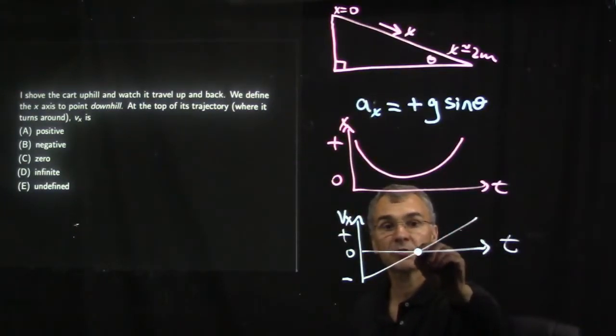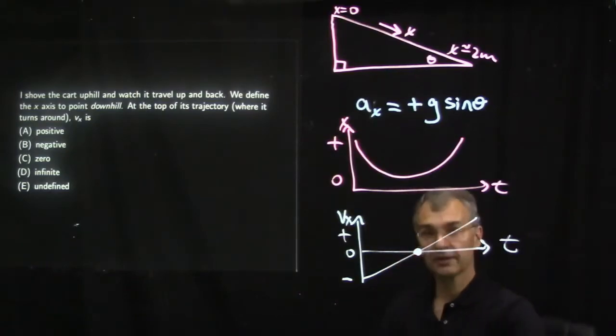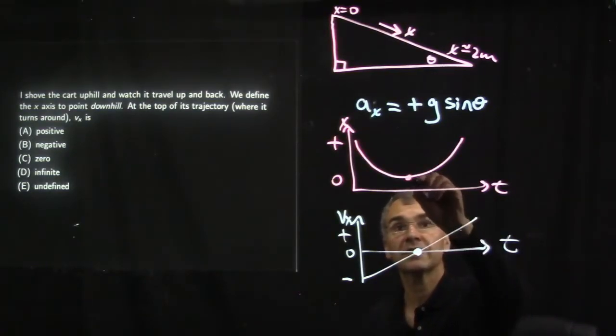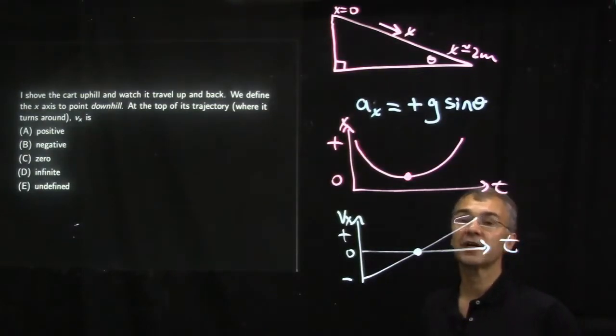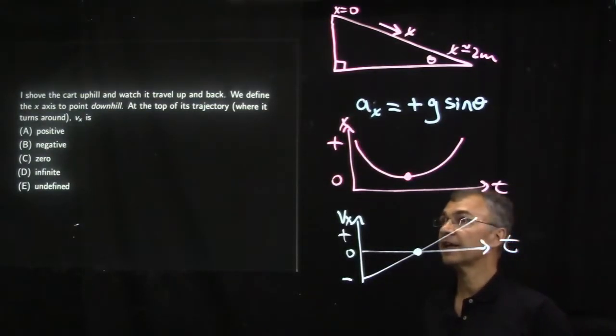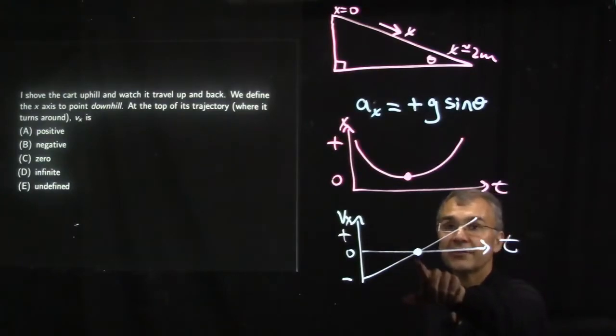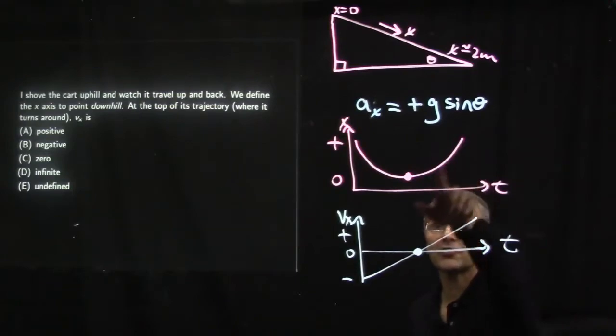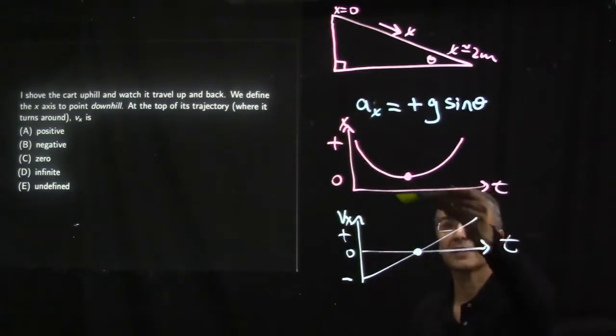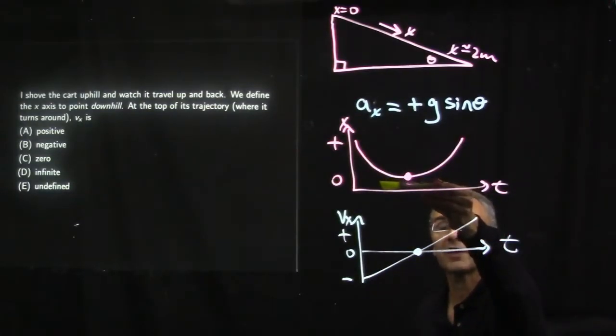And this is the point where it turns around. So the point where it turns around is here. So that's at its minimum value of x. And I say at that instant v sub x equals 0. So the slope of the x versus t curve is 0 at that point where it turns around because it's at a local minimum.